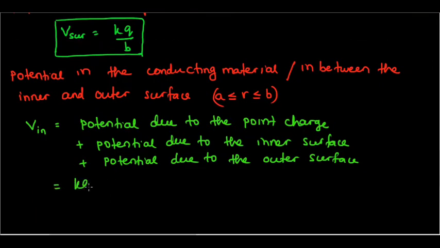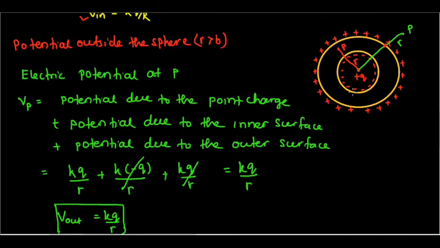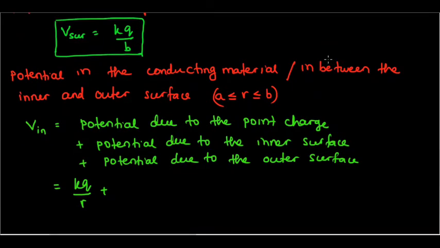It will be k q by r, and again the point P is outside the inner surface. So I can write that the potential due to the inner surface will be k into minus q divided by r, but the point P is inside the outer surface.